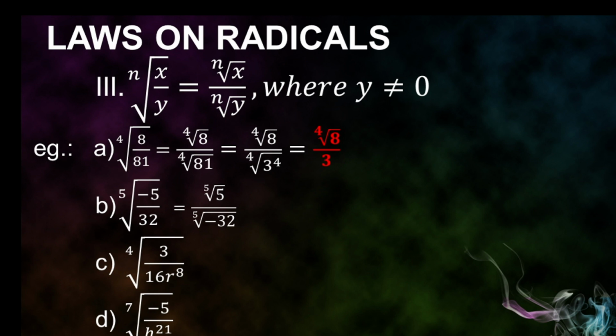Why? Since the denominator is a perfect fifth, we can rewrite the fifth root of negative 32 as the fifth root of negative 2 raised to 5. So we can cancel the exponent and the index. So therefore, we have the fifth root of 5 over negative 2.